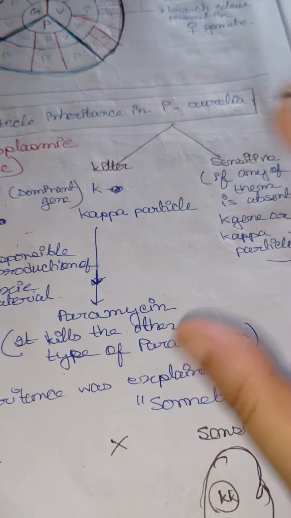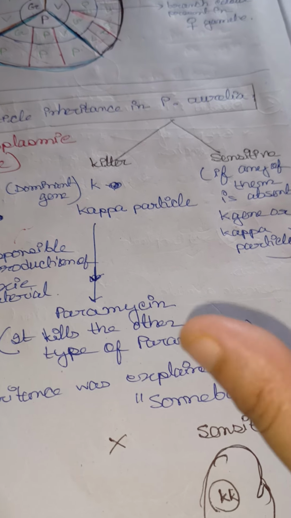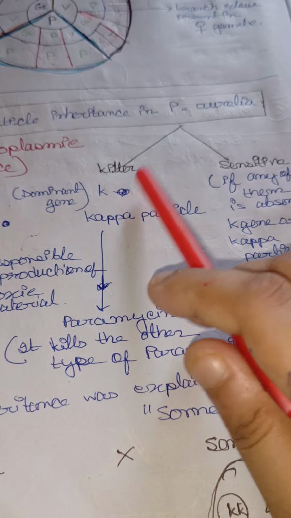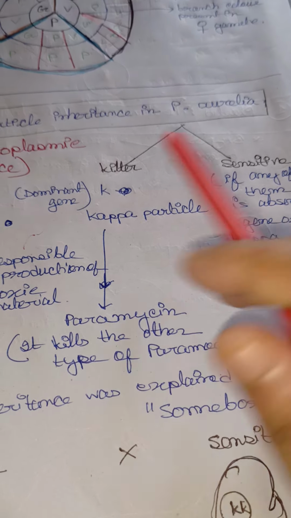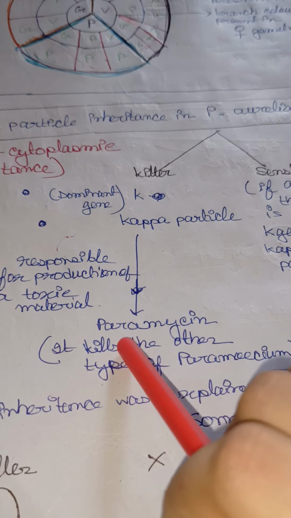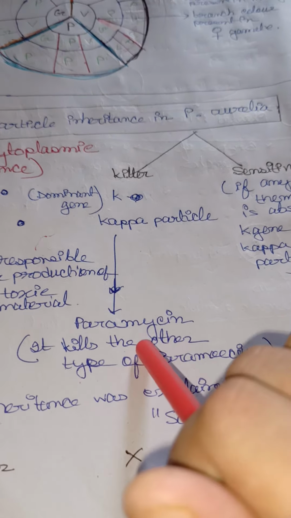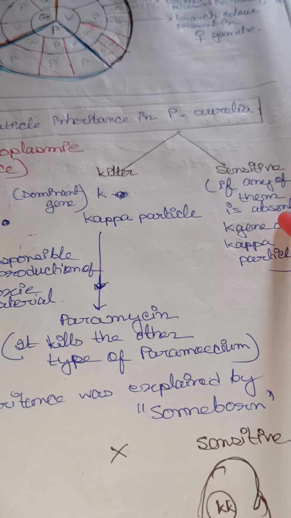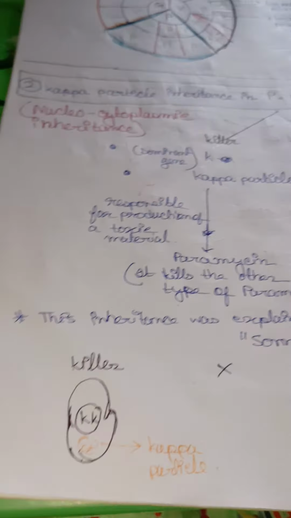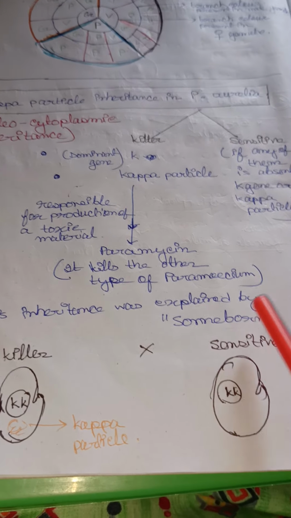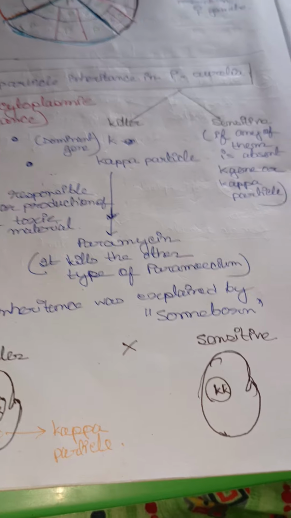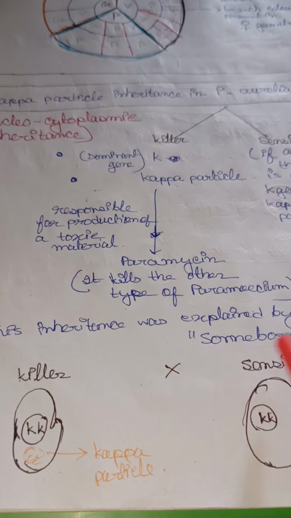When we culture paramecium in a medium, there are killer strains and sensitive strains. The killer strain is responsible for producing the toxic material paramycin, which will kill the sensitive paramecium. This inheritance was explained by Sonneborn.